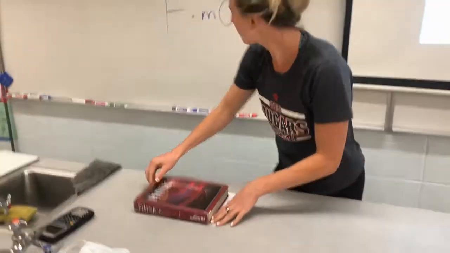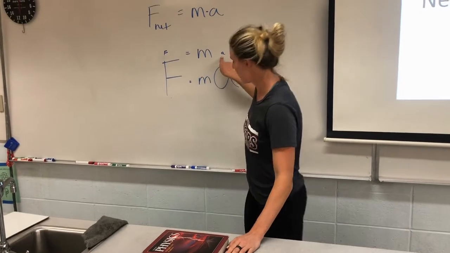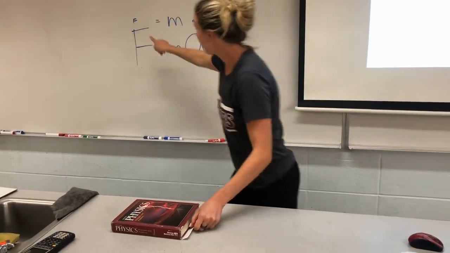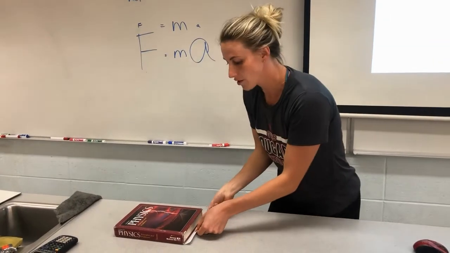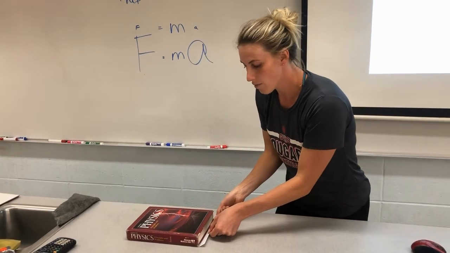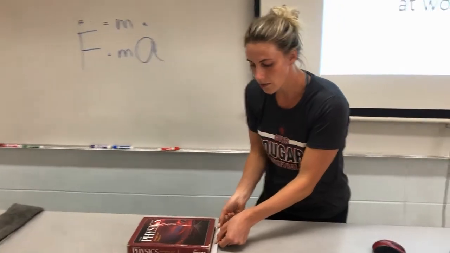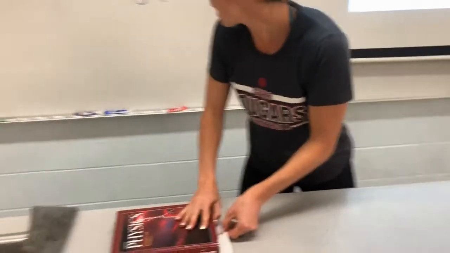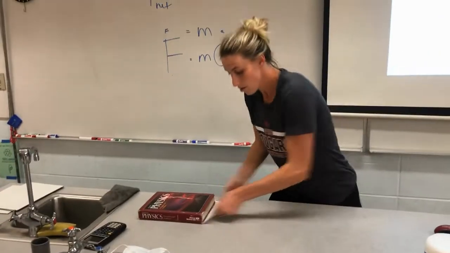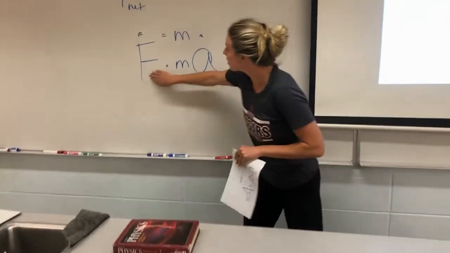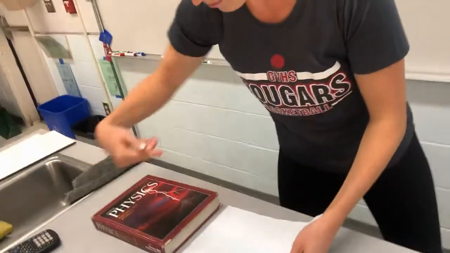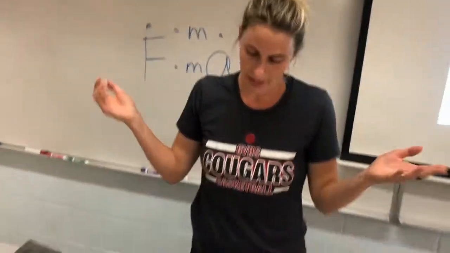When I'm moving the book slowly, my acceleration is slow. My force, in this case the force of friction, is small enough to cause that acceleration. But when I have a really big acceleration, boom! I need a really big force to keep it with it. But the force between the paper and the book is just not big enough. It gets left behind.